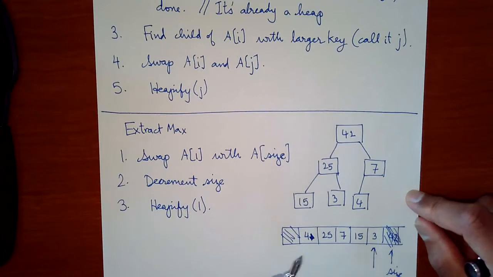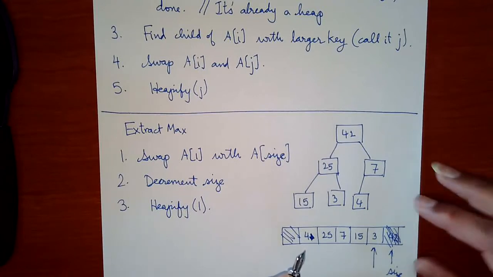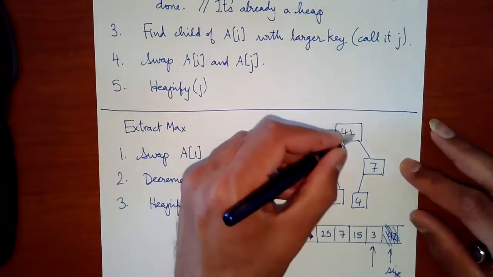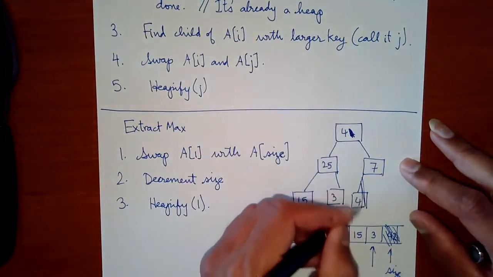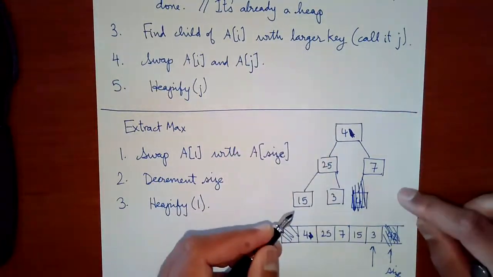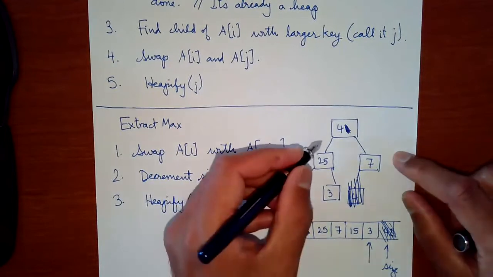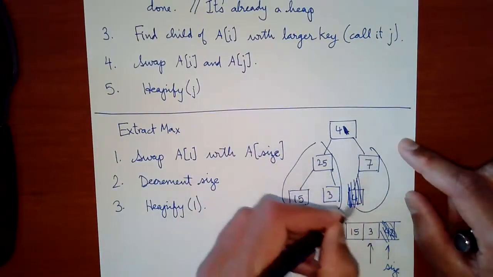But now what we have is not a heap any longer. Now 4 is going to be at the top, and this just disappeared. So 4, 25, 7, 15, and 3 is not a heap, but the left and right parts are heaps.